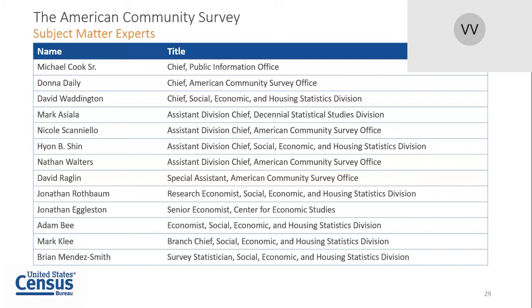So this is definitely not a conversation that we could have here on the webinar. This is a lot of details in your question. So I would love to have a conversation offline, though, and we've got Nathan Walters, my assistant division chief for processing, and he deals with most of the special tabs that we work on with HUD. So we can get back with you and have a conversation about the specific need if you'd like.